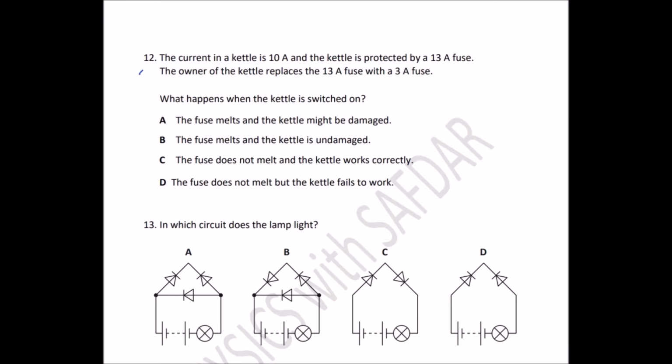Question number 12. The current in a kettle is 10 amperes and the kettle is protected by a 13 ampere fuse. The owner of the kettle replaces the 13 ampere fuse with a 3 ampere fuse. What happens when the kettle is switched on? Remember one thing, a fuse is the protection of your appliance. It is very simple. Look at the rating. The current in a kettle is 10 amp and it is protected by a 13 ampere fuse.